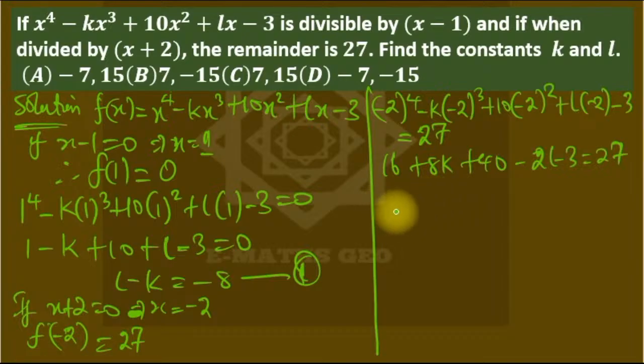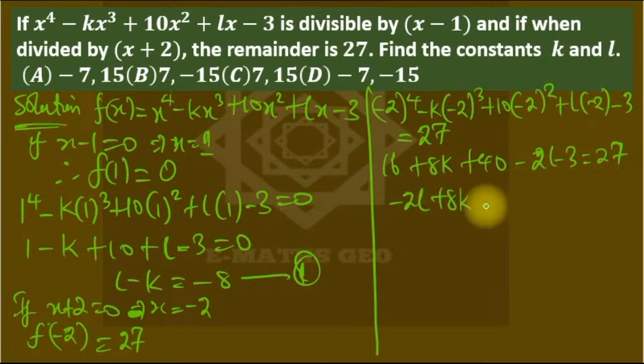Again we'll collect like terms. Minus 3 goes over to be 3, so 30. 30 minus 40 is minus 10.